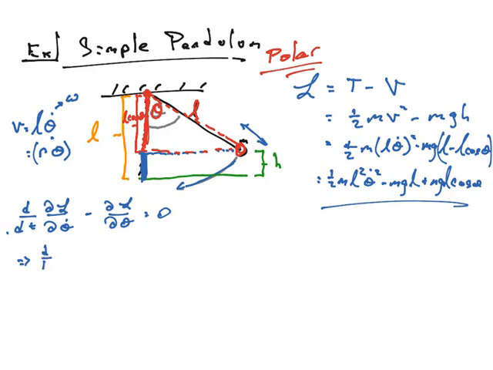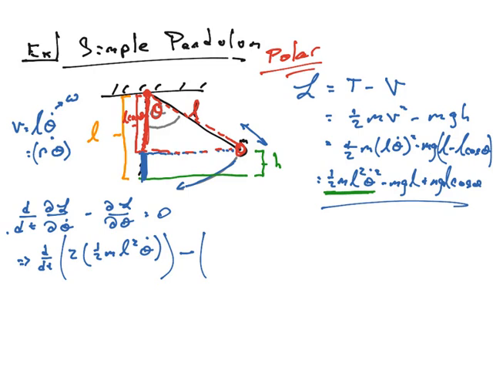I've got the time derivative of the partial of my Lagrangian with respect to theta dot. So where are the theta dots? The only place the theta dot appears is right here. So I've got 2 times 1/2 mL squared theta dot. All right, and minus, I've got the partial of the Lagrangian with respect to theta.